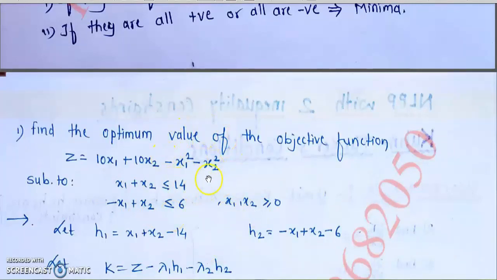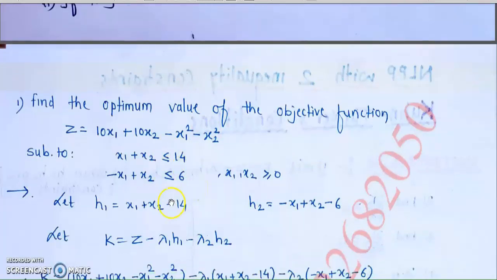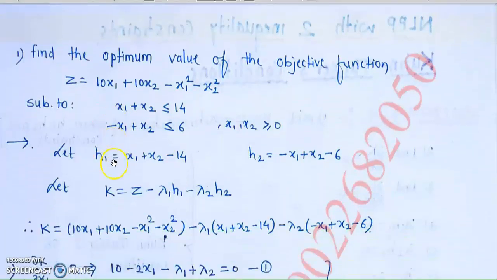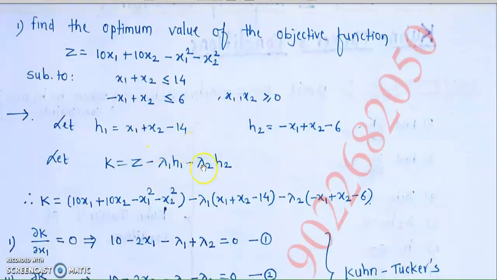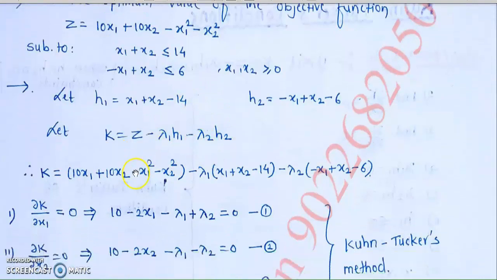Because of x1 square and x2 square, this is non-linear, and because of two inequality constraints, this is of Kuhn-Tucker conditions type. Let's call these two conditions h1 and h2 by shifting RHS to LHS. Now we have K equal to Z minus lambda 1 H1 minus lambda 2 H2. By putting in H1, H2 and Z, we get this equation of K.